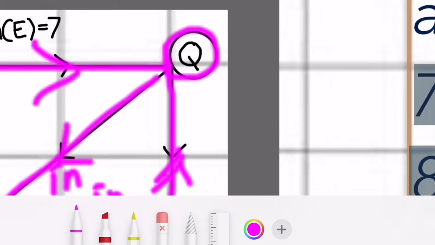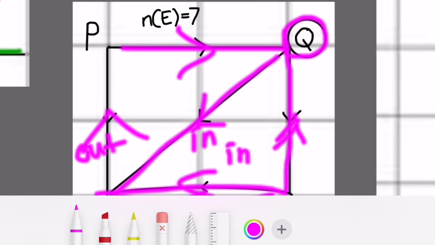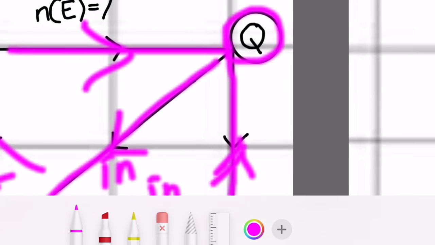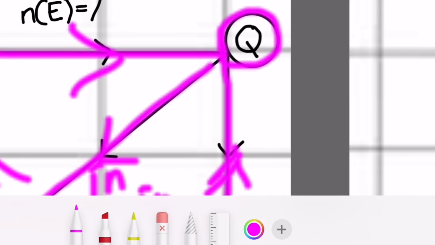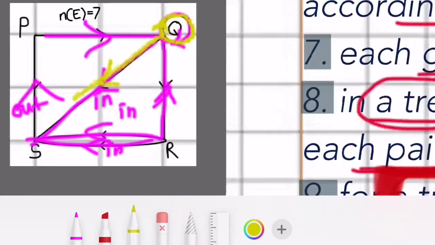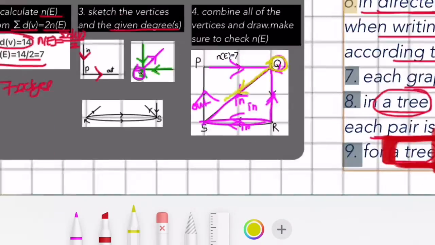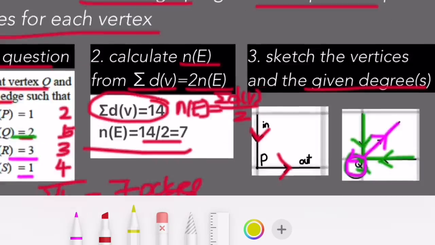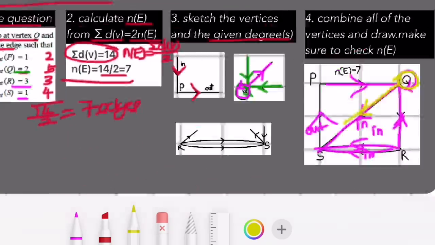So we have in 3, out 2. This is in, and then for out you can use this one, and then this is out, right? So in 3, out 2. Alright, so that is the way to form or to draw the directed graph.